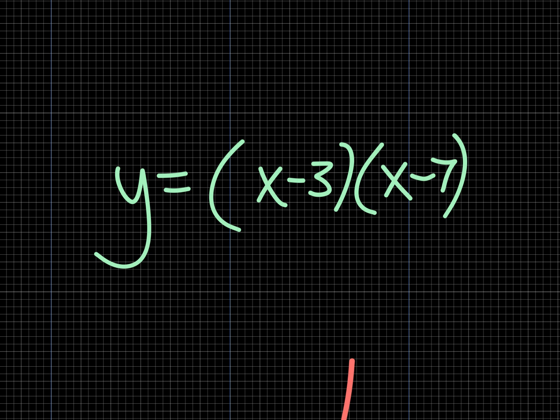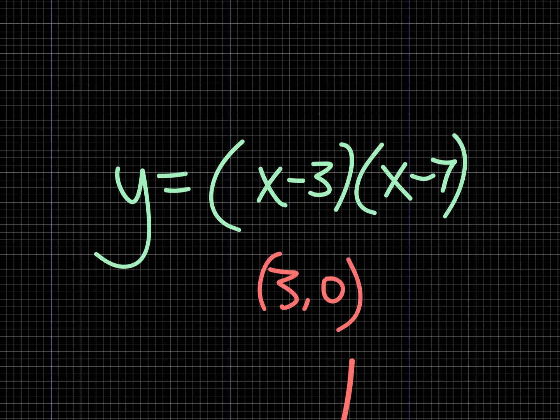A reminder, on your next test, if you write a single number, you're doing it wrong. 3 is not the x-intercept. 3, 0, that is an x-intercept. And I want to pound this into your head. X-intercepts are where y is 0. See, look, there's a y is 0. And y-intercepts are where x is 0. So this has two x-intercepts, 3, 0, and 7, 0.